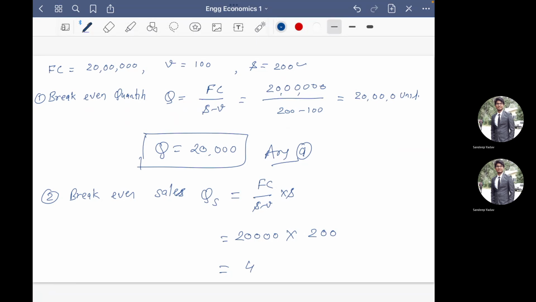That will be 40 lakh rupees. So after making 20,000 units, this is the break even sales: at least 40 lakh rupees of sales we have to make to reach the optimum range.